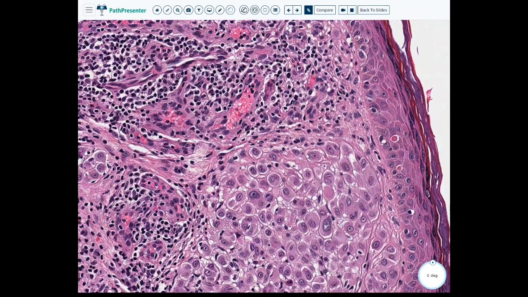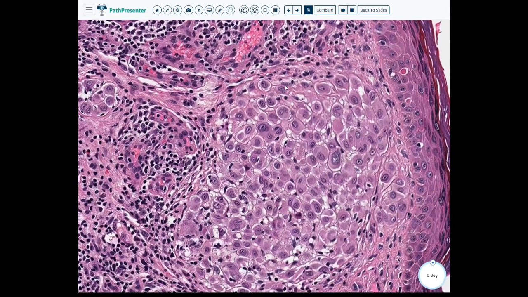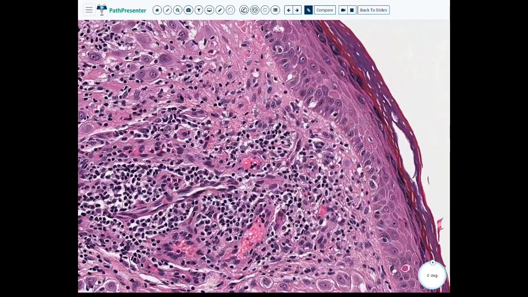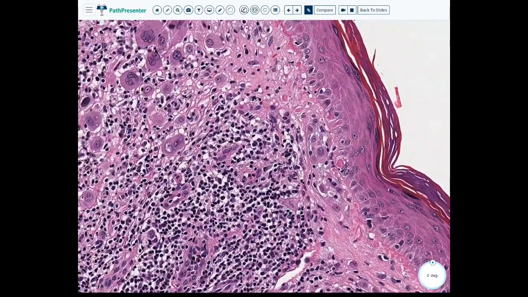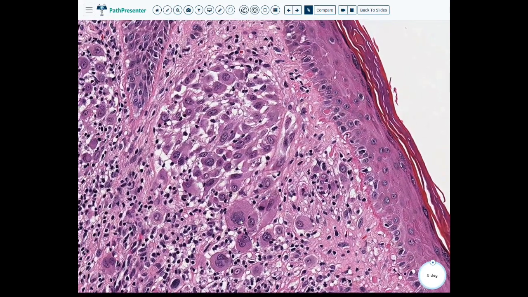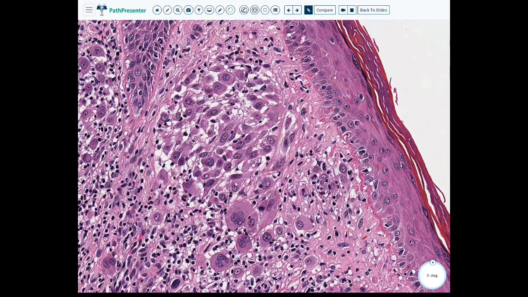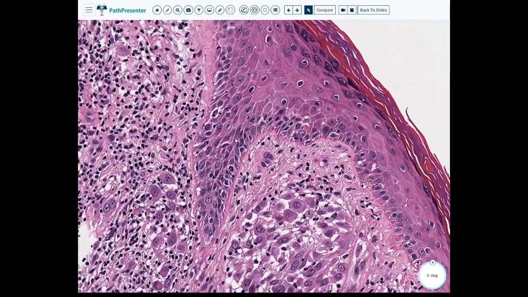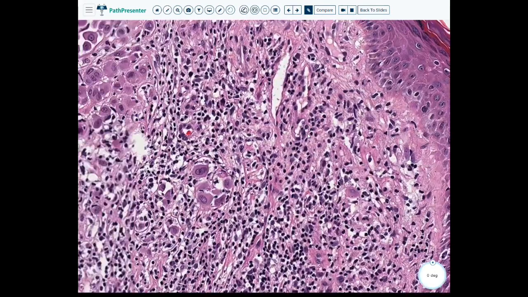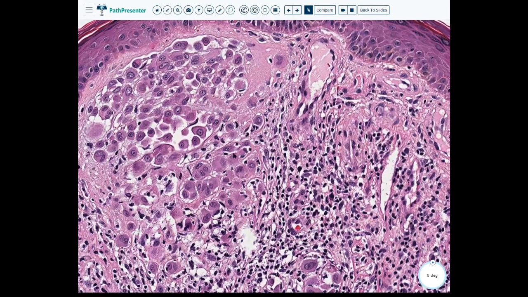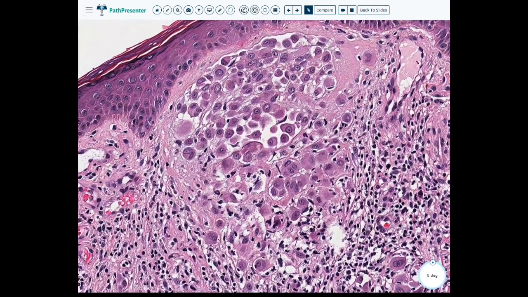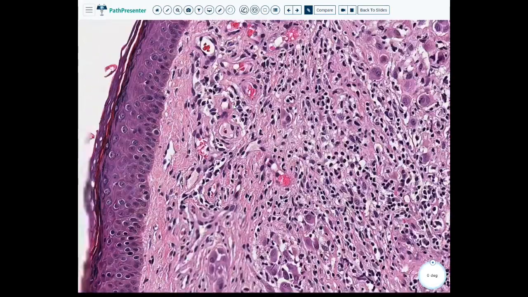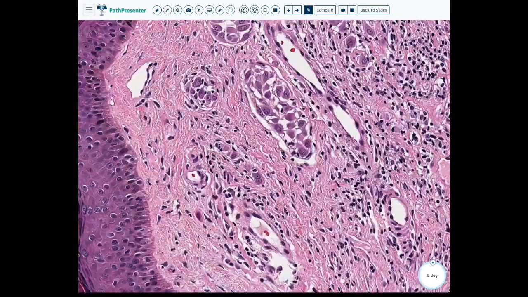These look dyskeratotic, but this looks like a camino body. Wow, look at that. Okay, and this is most likely a giant cell, which you can see with these lesions. And hopefully by saying camino body, somebody already knows what I'm thinking.